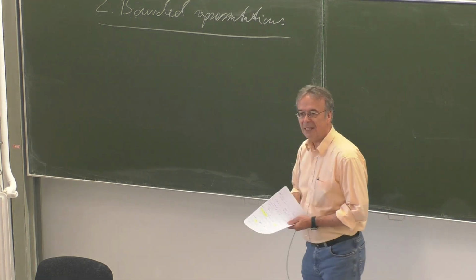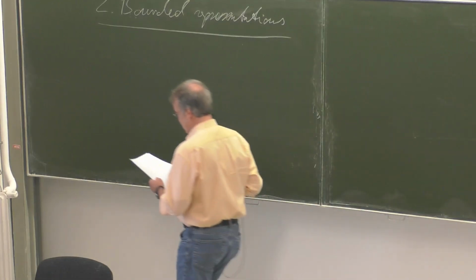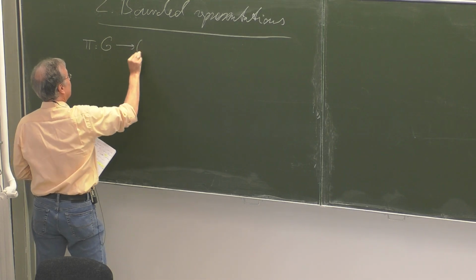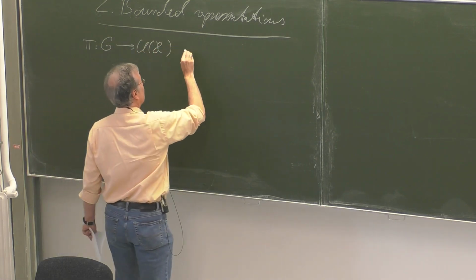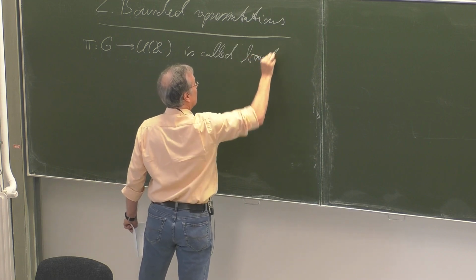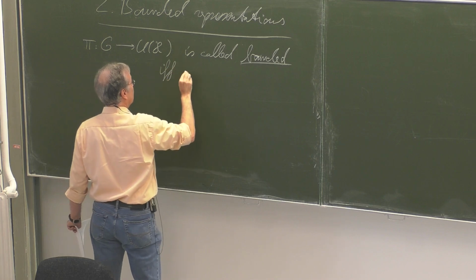A bounded representation is basically a representation which is norm continuous. So these are the best behaved unitary representations, bounded if it's norm continuous.